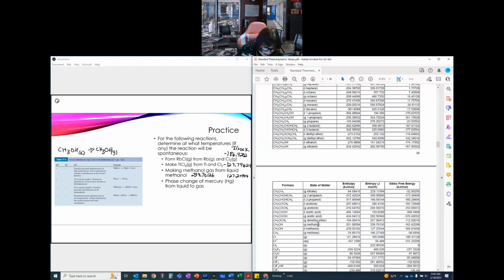And so products minus reactants, we're going to be looking at 239.70136 minus 127.25344. And that gives me 112.4.